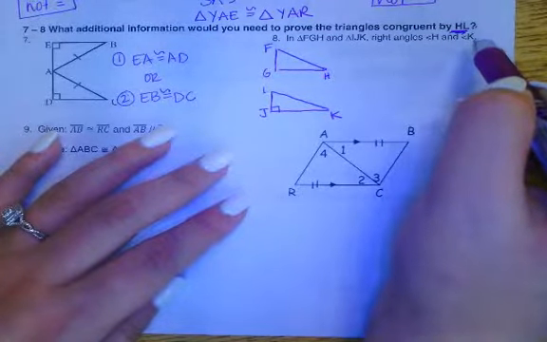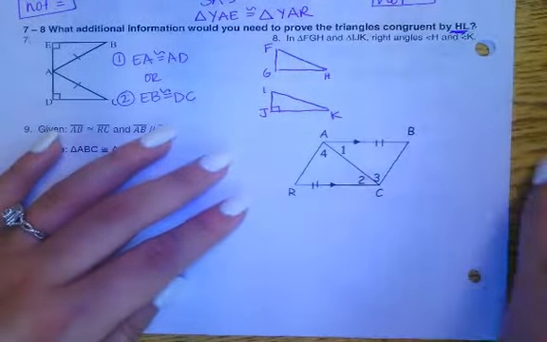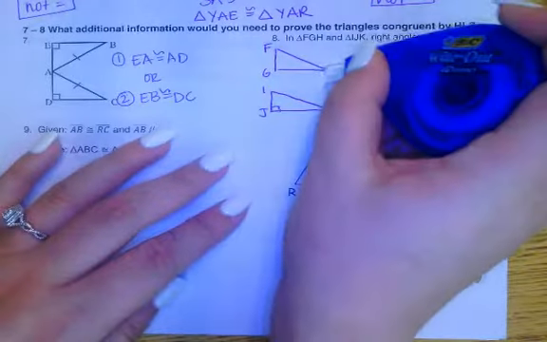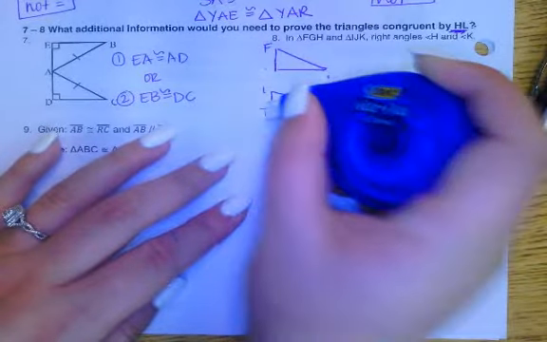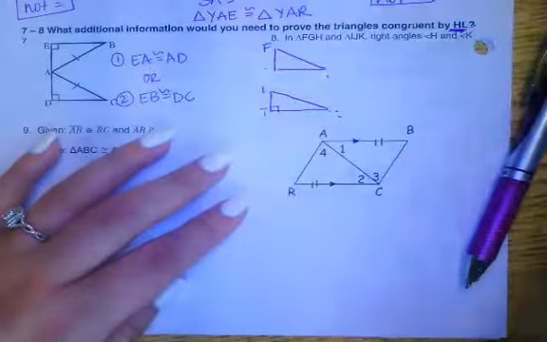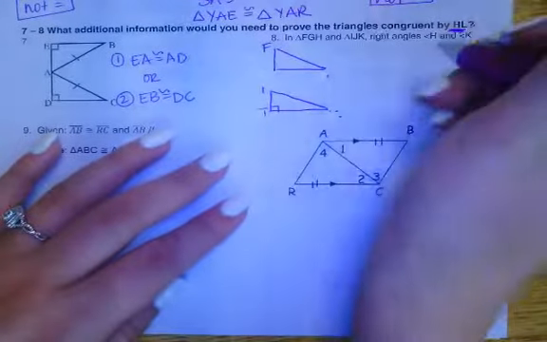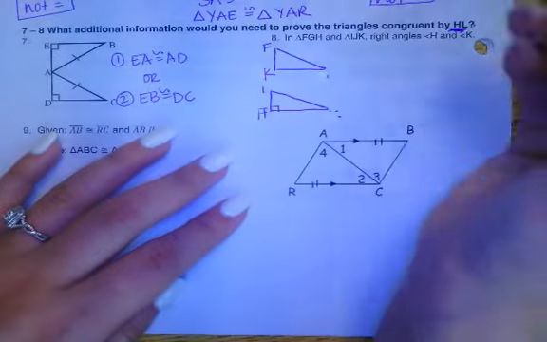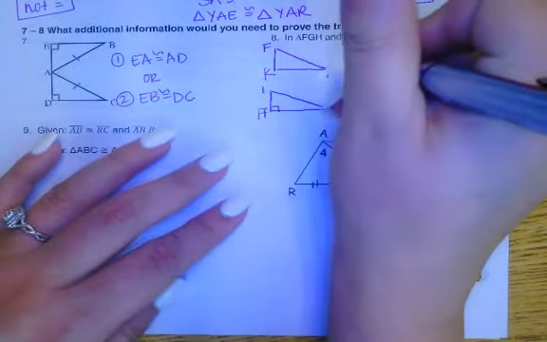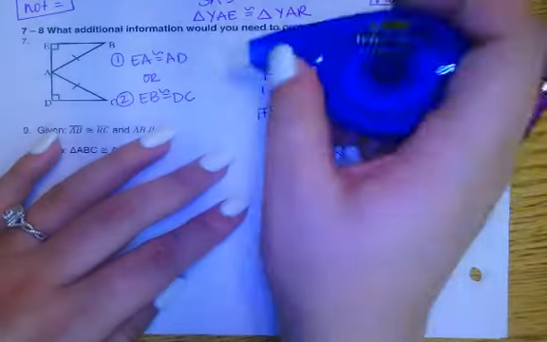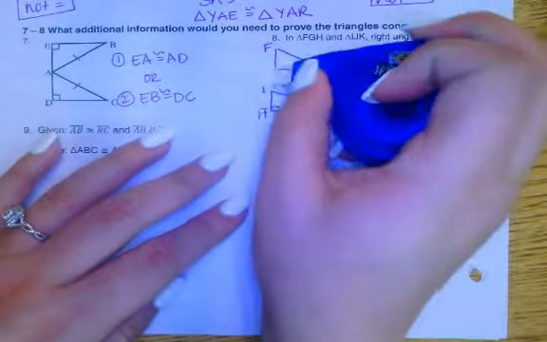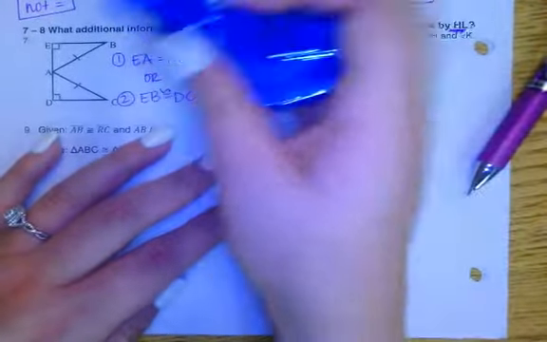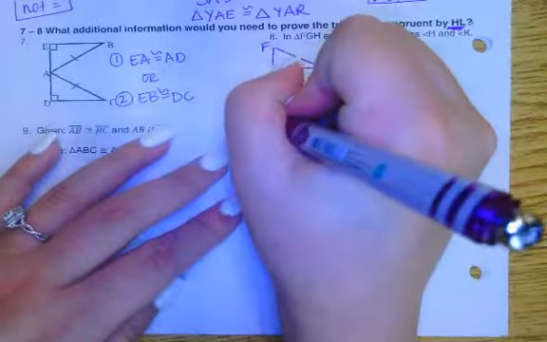Let me redo them. Oh my goodness, I'm messing this all up. So I, K, J, F, H, G.